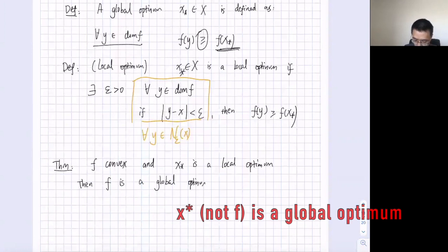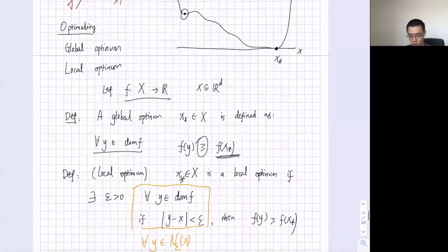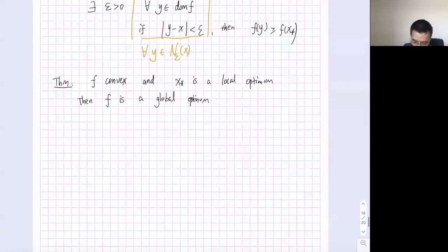This is a very nice property of convex functions. I have a function, and I don't know how it behaves outside my neighborhood. As long as I know a point is optimal in its neighborhood, the best point there, then I know it's the best point globally. Any other point will not be better than that.